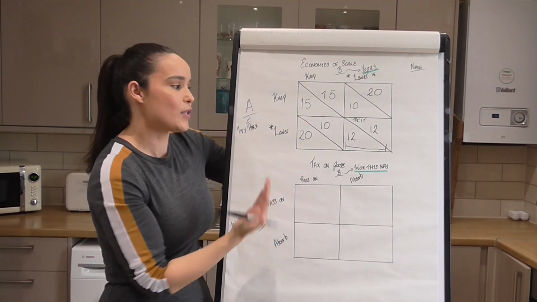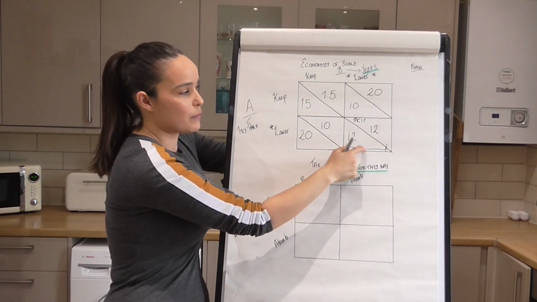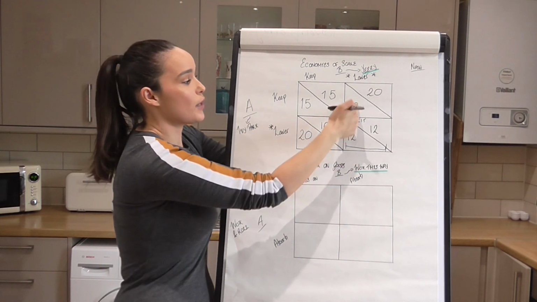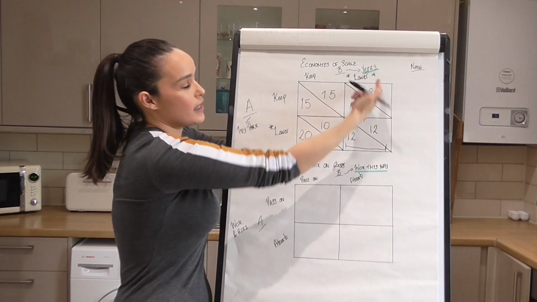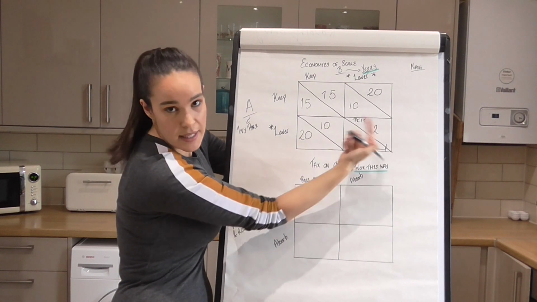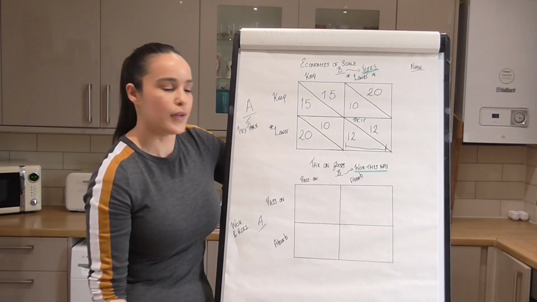So Ivy Park is not going to deviate from this position, and we can see that's true because she's not going to want 10 over 12. And Yeezy is not going to deviate either because he's in the exact same position. So tacit collusion is also what we call the Nash equilibrium.